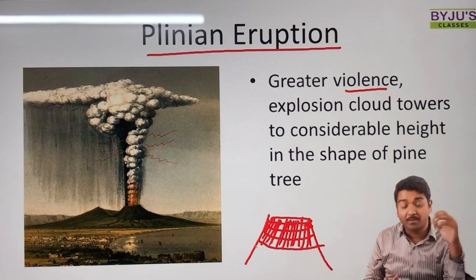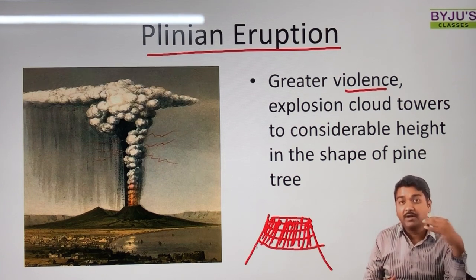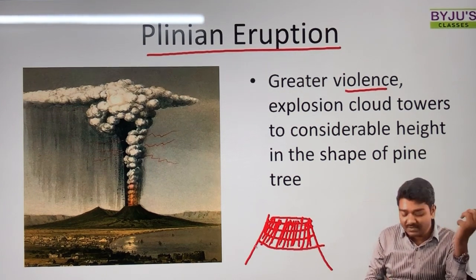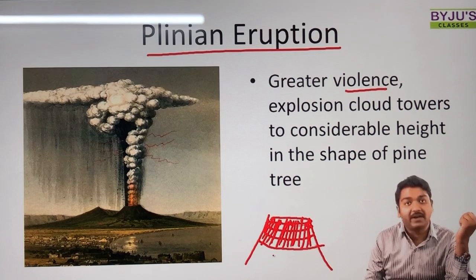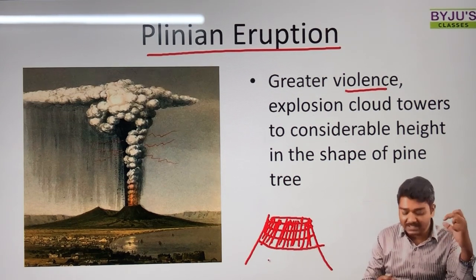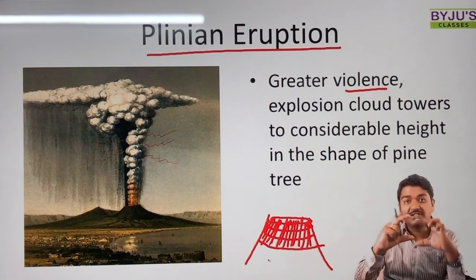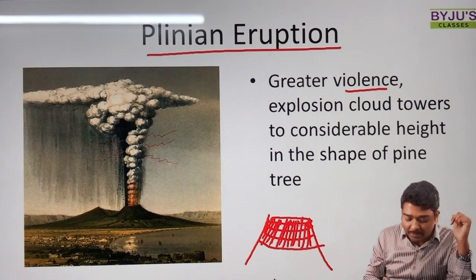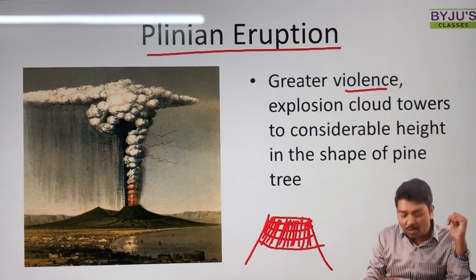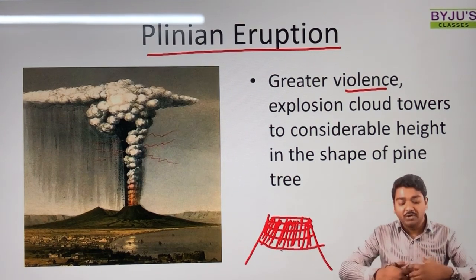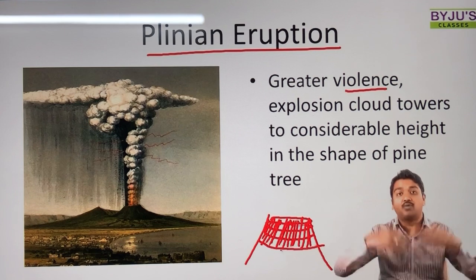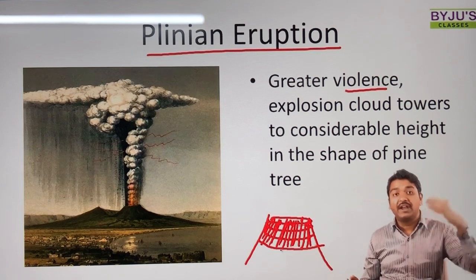So if I have to break all these four domes which are actually formed, plugs, usually we call it plugs. The plugs which have formed, if I have to break them, the pressure which I have to put is more. So the more viscous it is, the larger the plug is. When the plug is larger, then the pressure is more, and when pressure is more, usually the clouds come out to great heights.